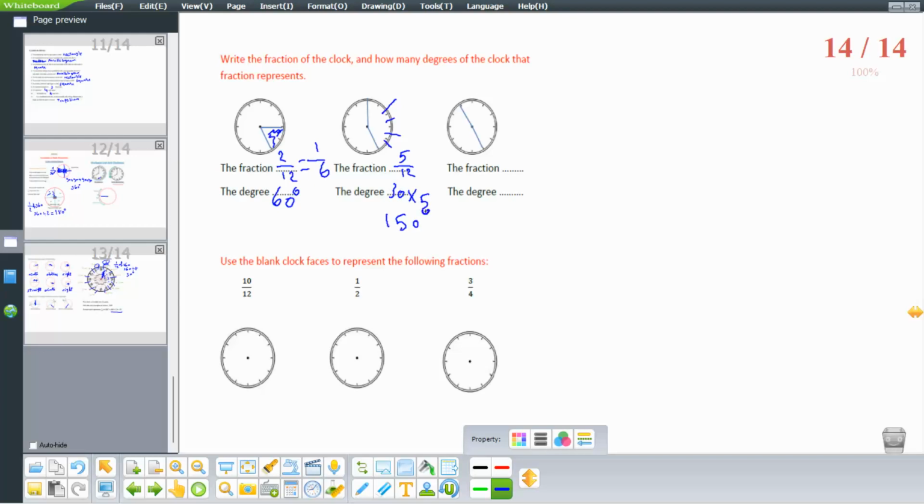It will be 150 degrees. Here 1, 2, 3, 4, 5, 6, so it will be 6 over 12. The degrees will be how many? We say 30 times 6, which equals 180 degrees.